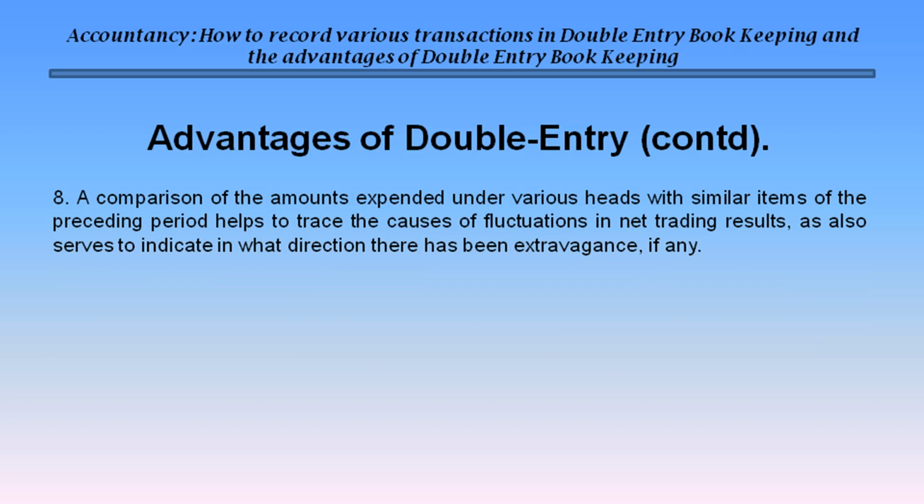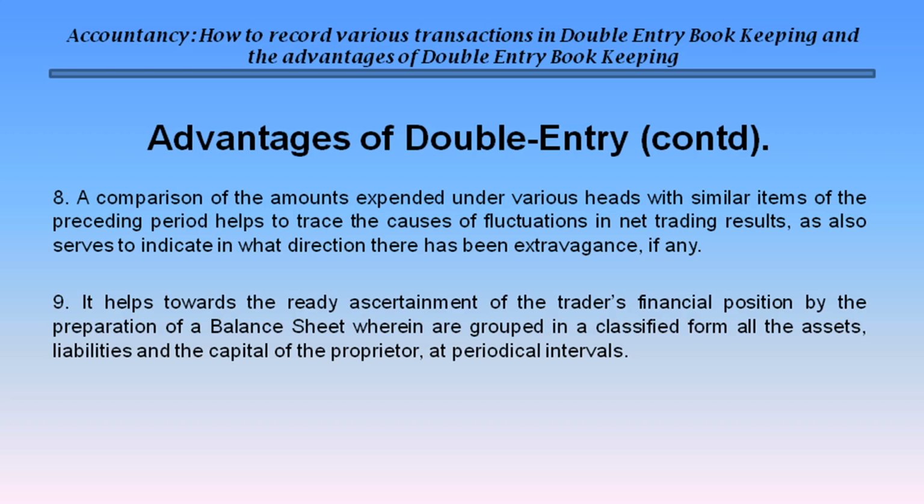A comparison of the amounts expended under various heads with similar items of the preceding period helps to trace the causes of fluctuations in net trading results as also serves to indicate in what direction there has been extravagance, if any.